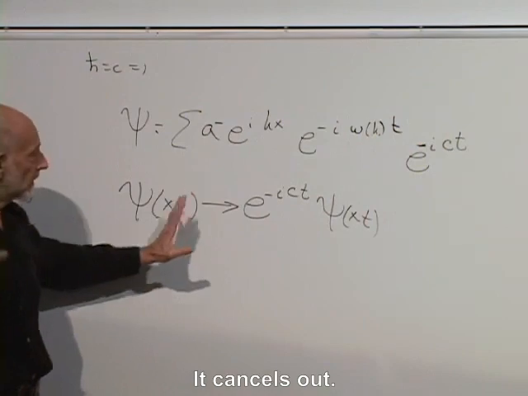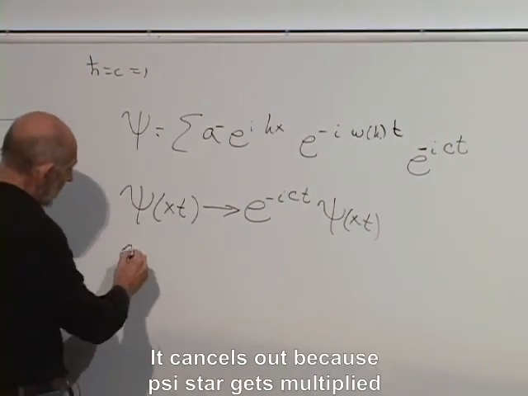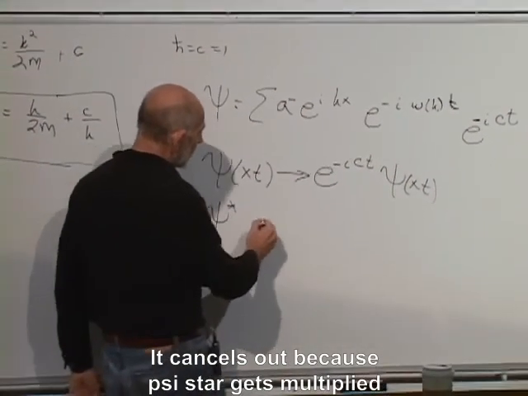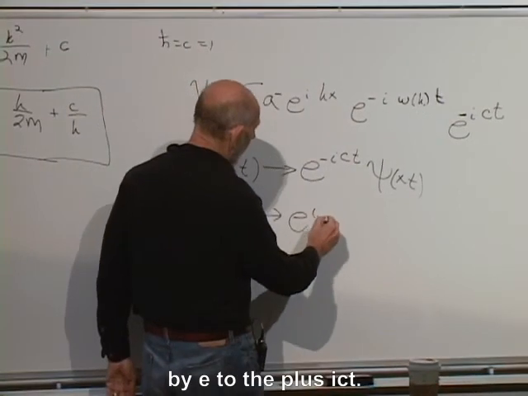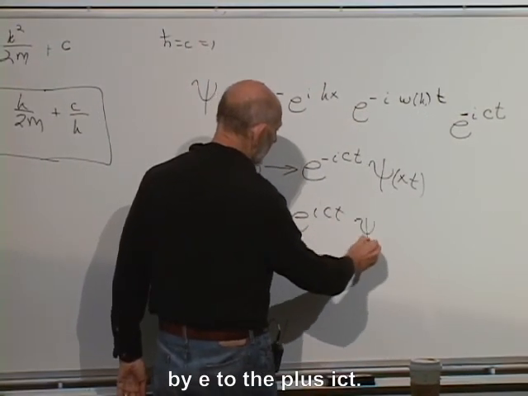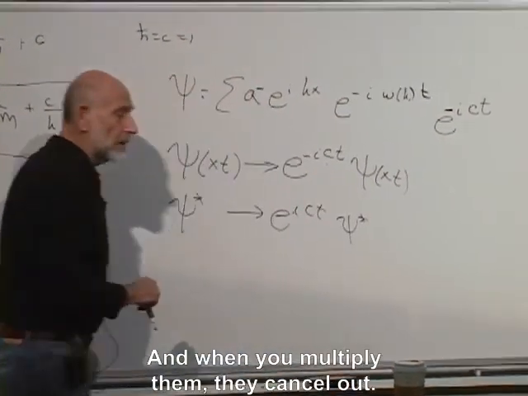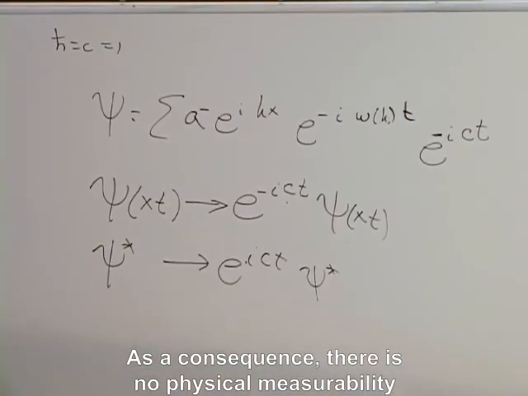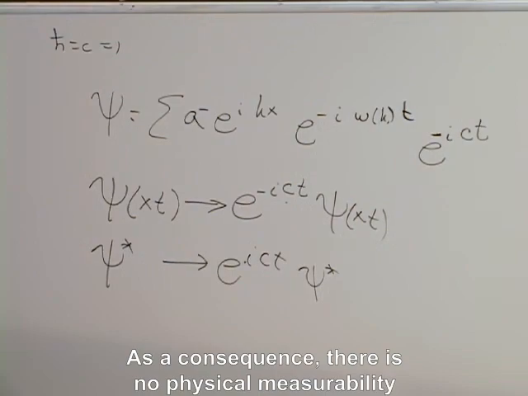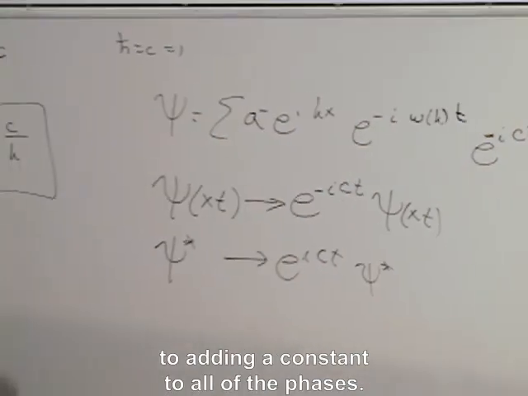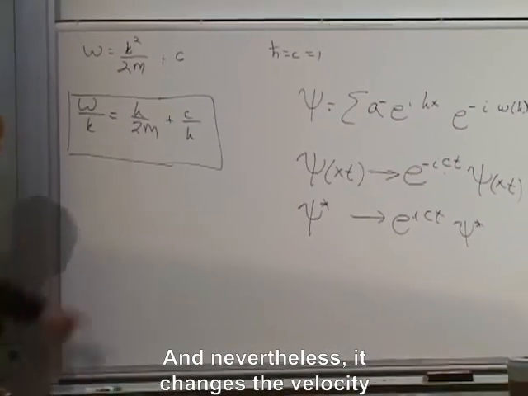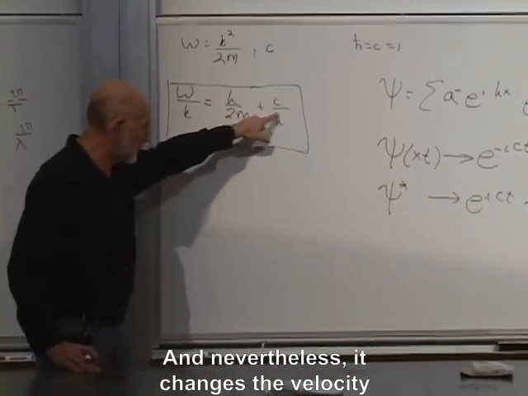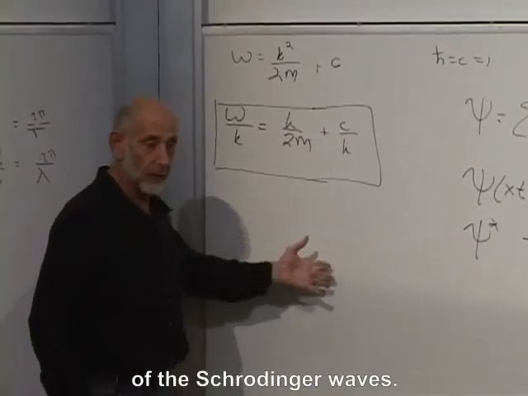It cancels out, because psi star gets multiplied by e to the plus ict, and when you multiply them, they cancel out. As a consequence, there is no physical measurability to adding a constant to all of the phases, and nevertheless, it changes the velocity of the Schrodinger waves.